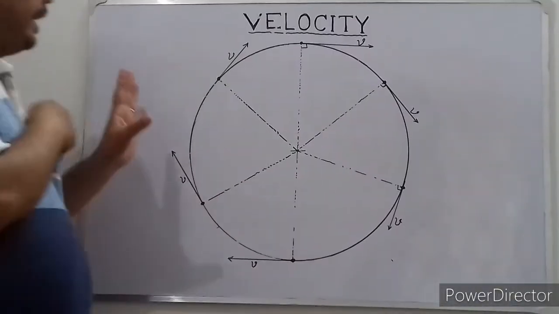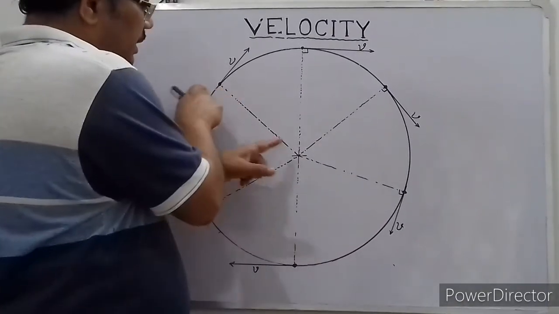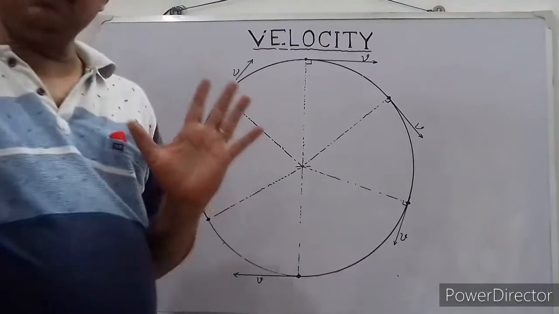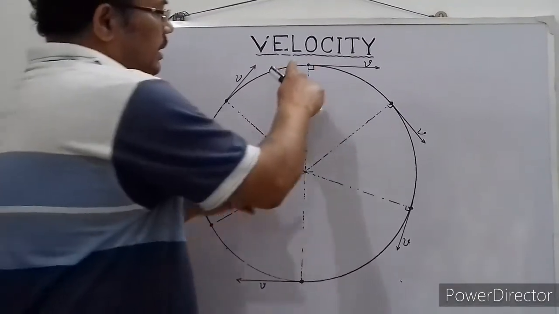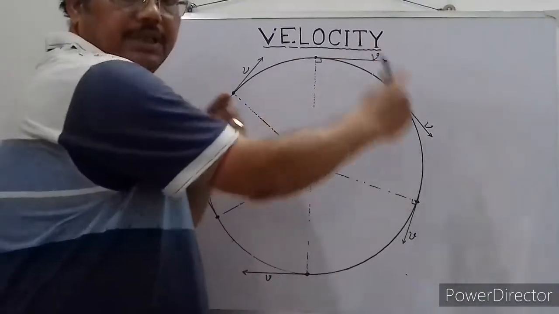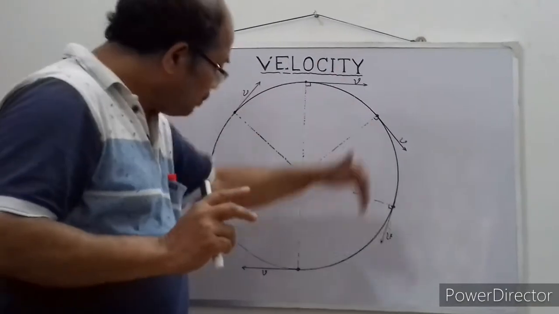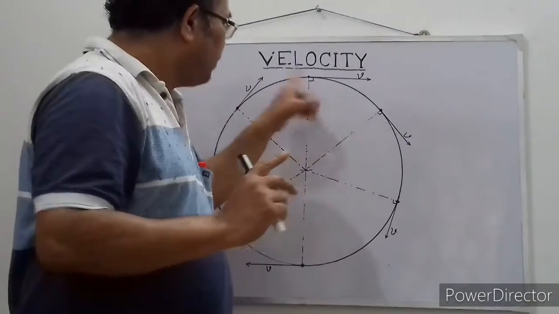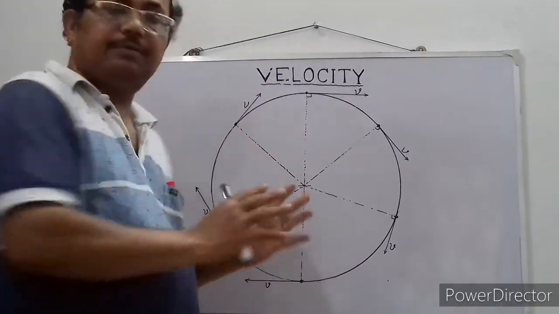Let's take the example of circular motion. A point particle is moving in a circular path with a uniform speed. Mind it, with a uniform speed. If the radius is r, then the circumference of the circle is 2 pi r. So the 2 pi r distance is traversed by that particle in the same interval of time every time.